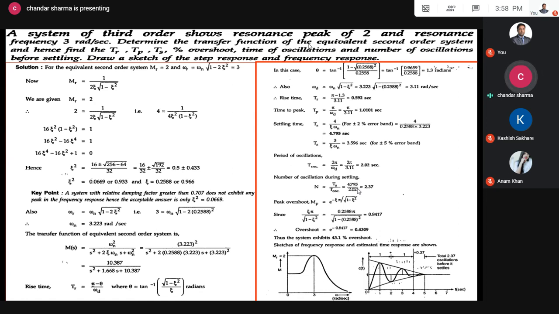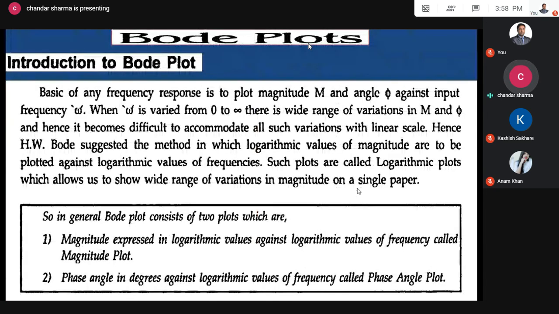Then next we have to see the introduction to Bode plot. This is again important. A Bode plot is nothing but a logarithmic plot which consists of two graphs, namely magnitude of G j omega in dB versus omega on log scale, and second is angle of G j omega in degree versus omega on log scale.